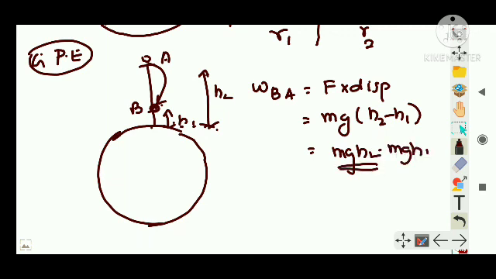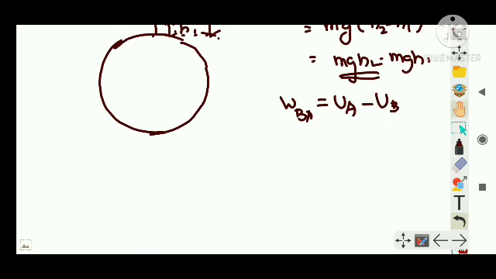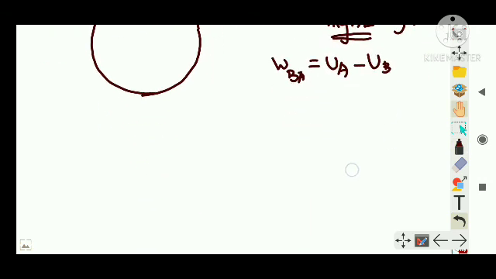What is mgh2? That is the potential energy at height. So I will write it as potential energy at A minus potential energy at B. That is the work done while moving a mass from A to B. Now we know that g is not constant. Acceleration due to gravity keeps changing.